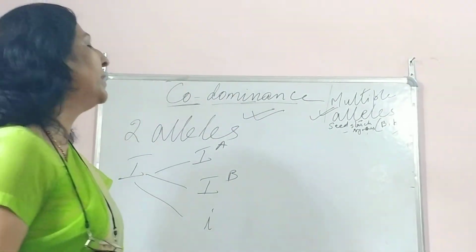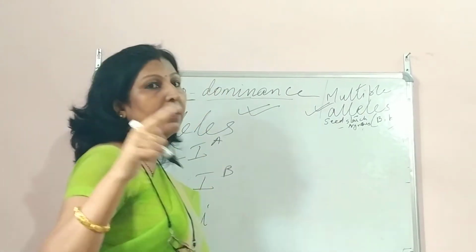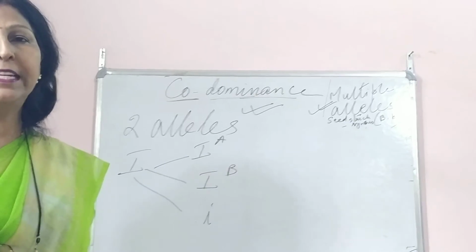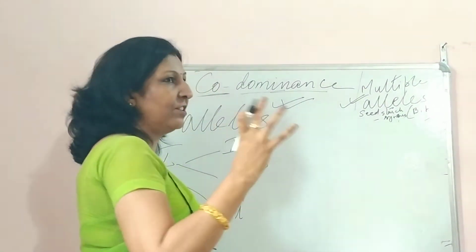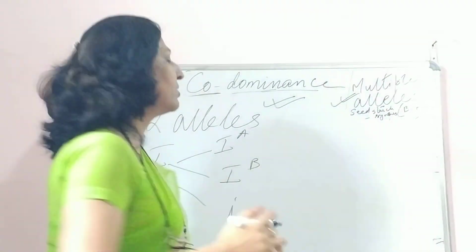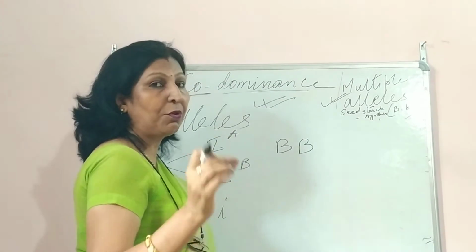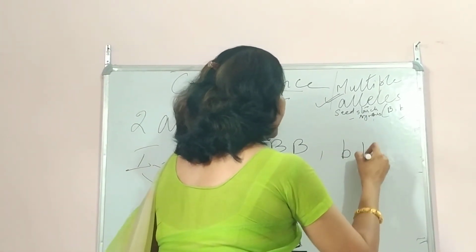There is another example in your NCERT which exhibits the seed. They have talked about the pea seed, with starch grains. So it says that the round seed with complete starch is capital BB, and the one wrinkled with no starch at all is small b, small b.